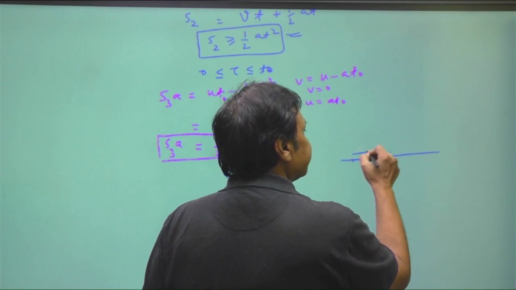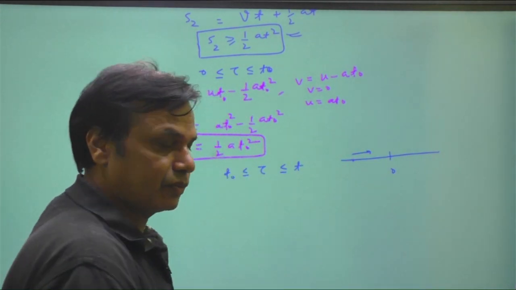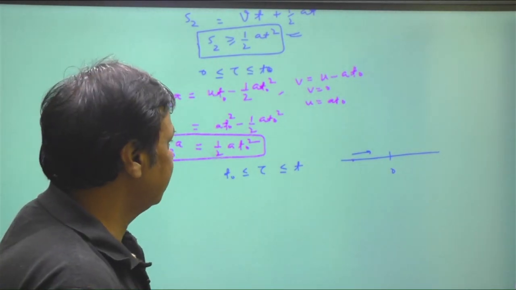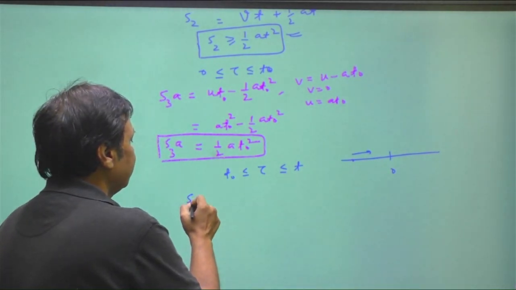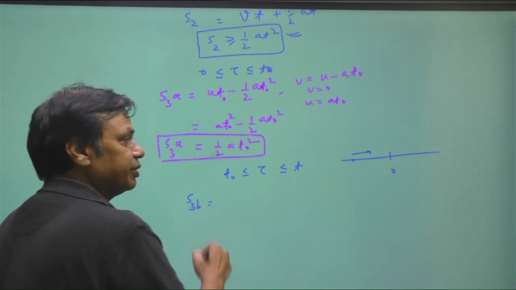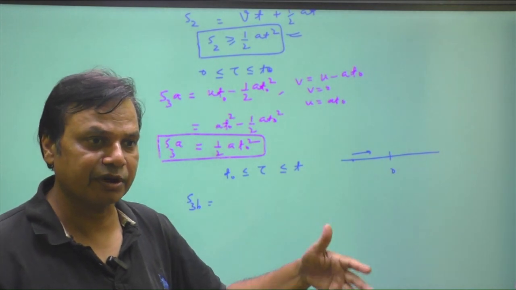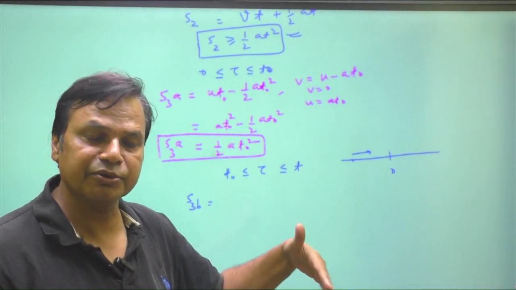Here the object has turned, and its initial velocity was 0. So the second part of S3 can be written from the formula S equals ut plus half at square. Its initial velocity is equal to 0.